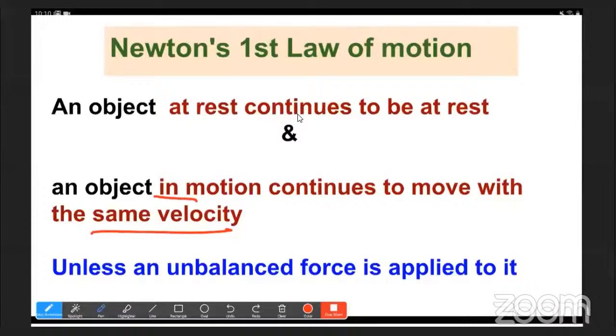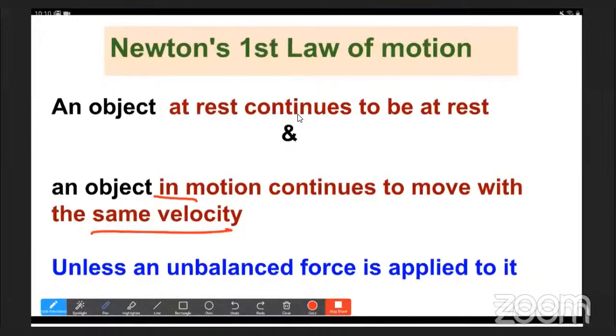If an object is in motion, it continues to move with the same velocity. If there is no external force applied to it, it continues to be in motion. Okay, if we apply any external force to the moving object, it comes to a stop. Right?